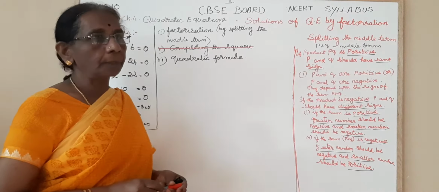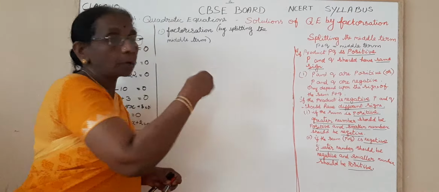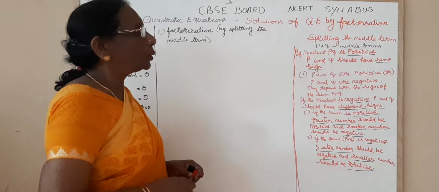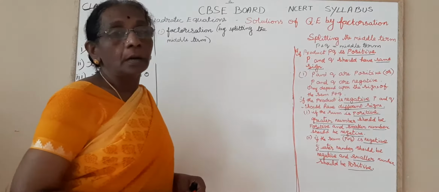Before learning about splitting the middle term, let us see what is the solution of a quadratic equation. What is the meaning of solution of quadratic equation? You have studied about zeros of the polynomial in 9th standard, isn't it? You have studied about zero of a linear polynomial, zeros of a quadratic polynomial.